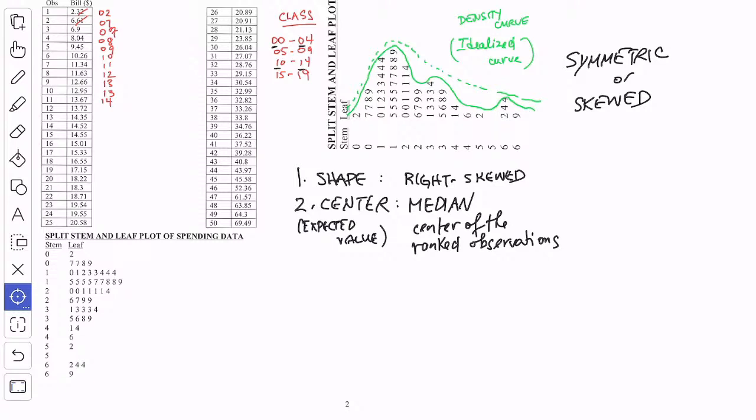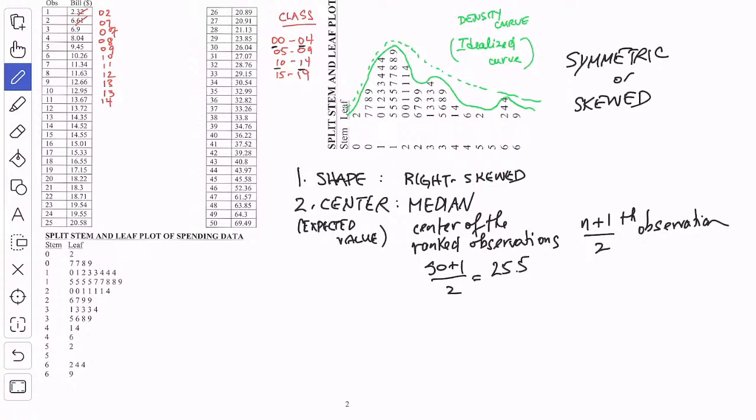In this case, there's two values in the middle. So the median is actually calculated at the position of the n+1 over 2 observation. In our case, it's going to be 50 plus 1 divided by 2, which is 51 divided by 2, which gives us 25.5, which doesn't exist, right?